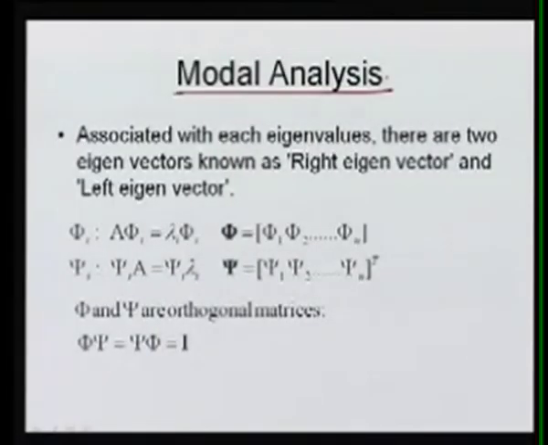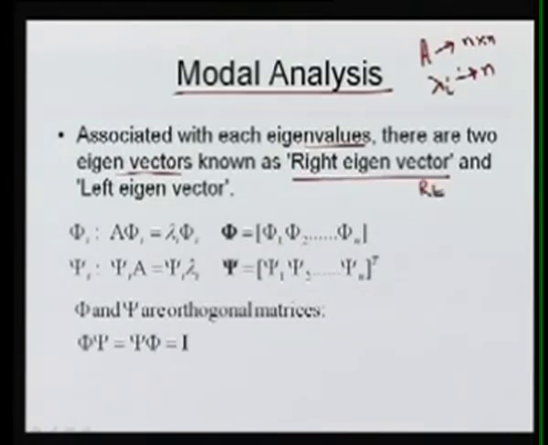Associated with each eigenvalue, as I said, if your state transition matrix A is of order n cross n, there will be n eigenvalues lambda i. For each eigenvalue there will be two eigenvectors, known as the right eigenvector, REV, and the left eigenvector, LEV.